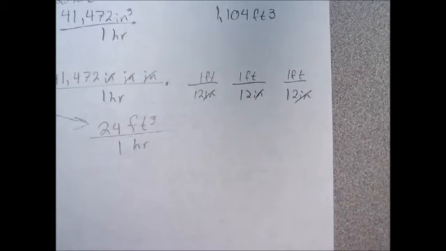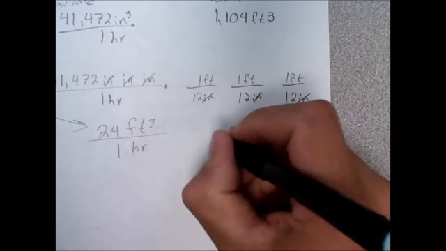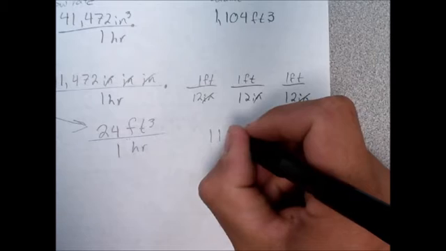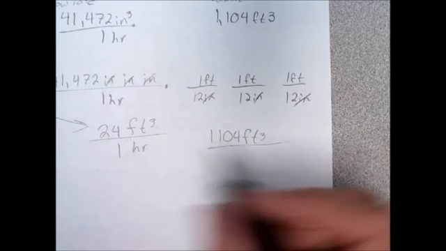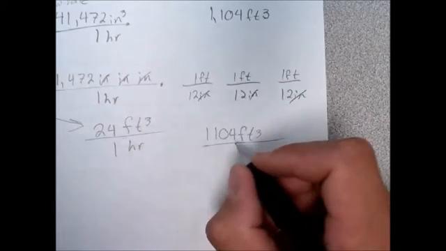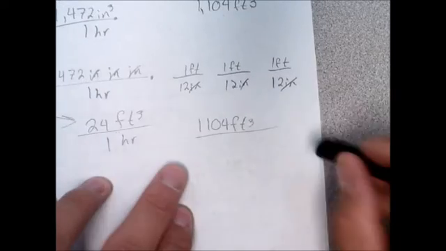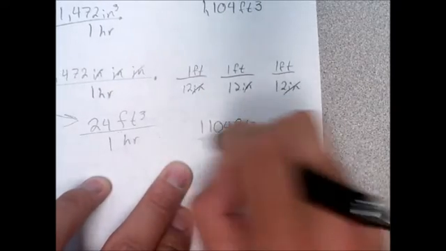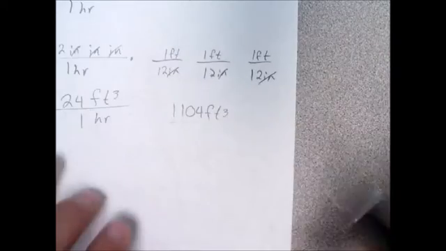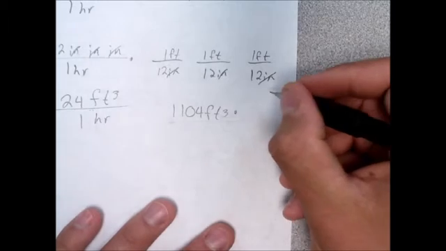So I'm going to take my volume, 1,104 feet cubed, and I'm going to divide it by my flow rate. My flow rate was a fraction, right? So I want to show you. We can't divide fractions, we have to do what with them? We have to multiply by their reciprocal.